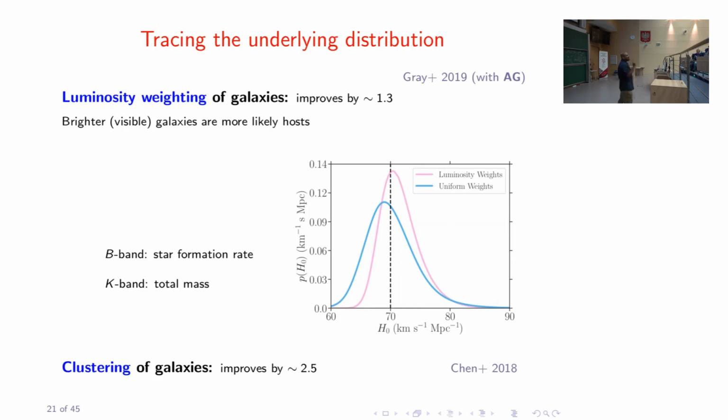If we have enough events, then weighting by B band and K band luminosities can give different results. One of them would be correct and one incorrect, depending on the population scenario of gravitational waves, whether they are more correlated with the star formation rate or with the total mass.